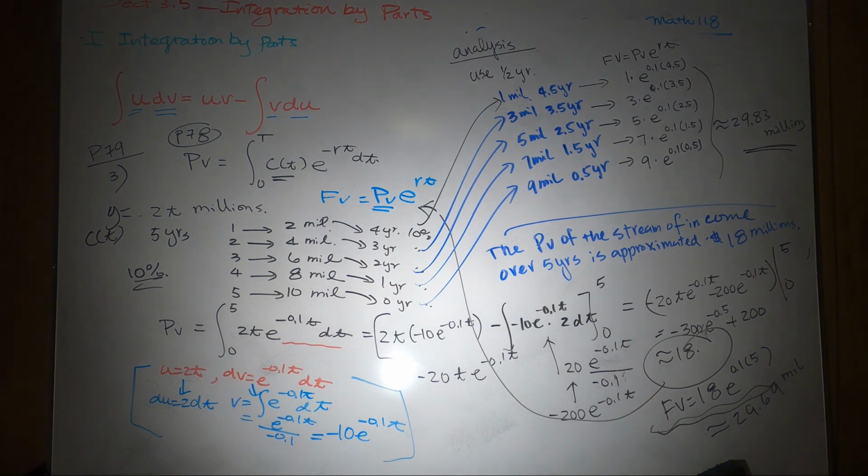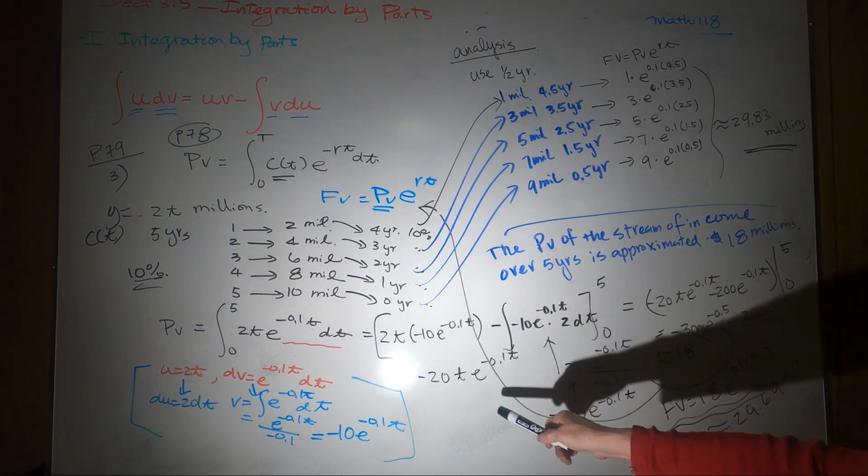And if you consider 18 million as the present value, you accumulate that 10% interest, and by then you will have 29.69 million. Okay, that's how you do the analysis.